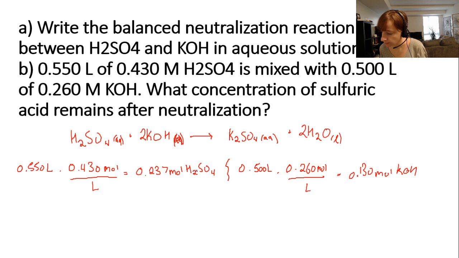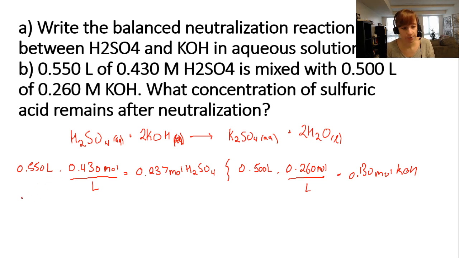Okay. So now we need to figure out how much sulfuric acid is left in moles after it's reacted with KOH. So as you can see here, we have more moles of sulfuric acid than we do of KOH. So that means we've started with more sulfuric acid than we needed to react with KOH. So there will be some left over.